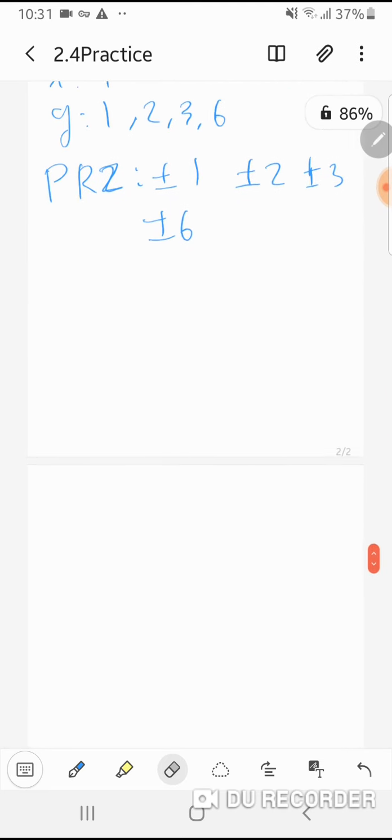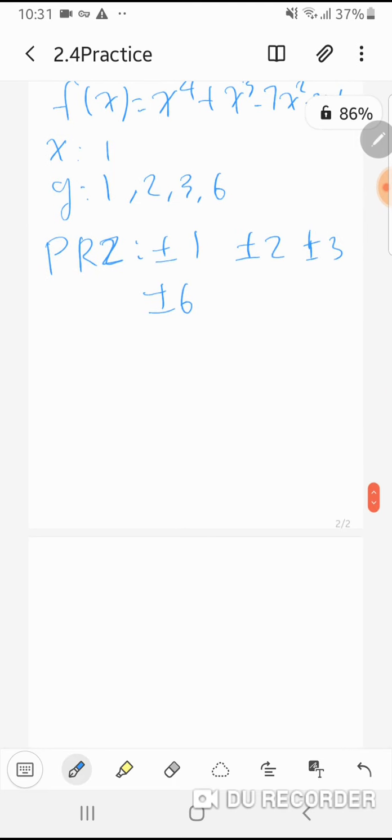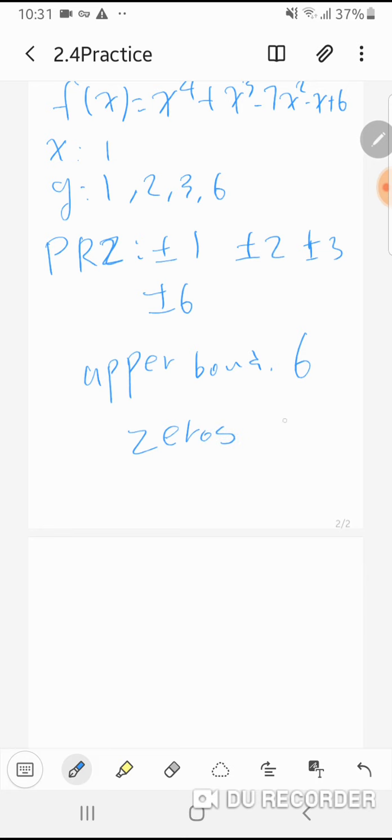Okay, so for those who don't know the upper and lower bound test, if 6 is an upper bound, I don't think it is, but actually I don't know, then all the zeros are smaller than 6.